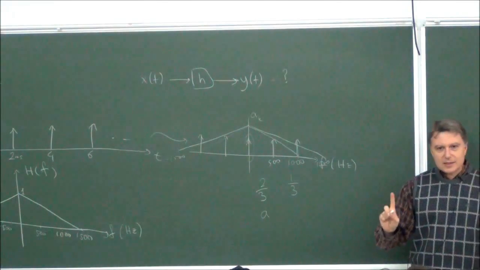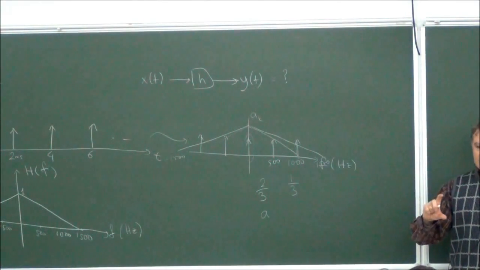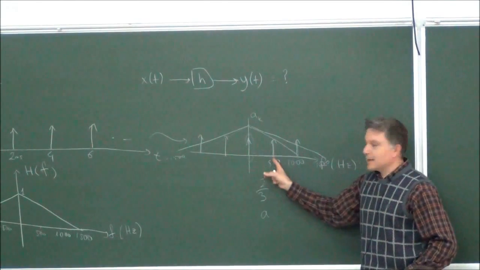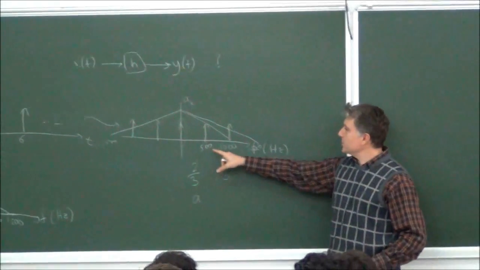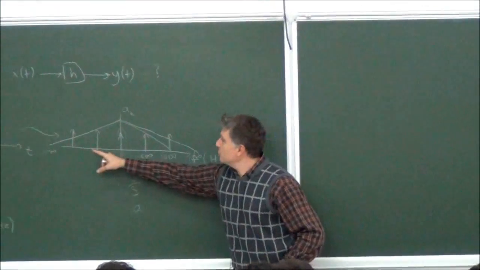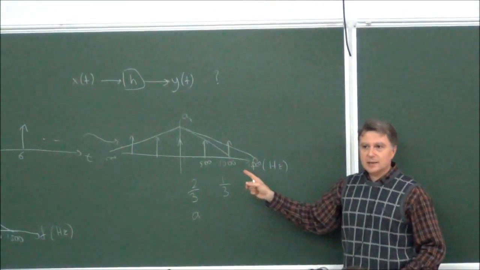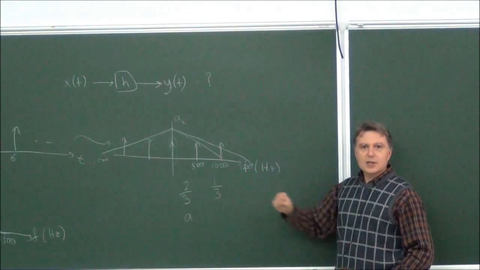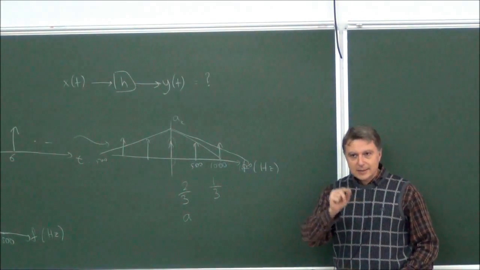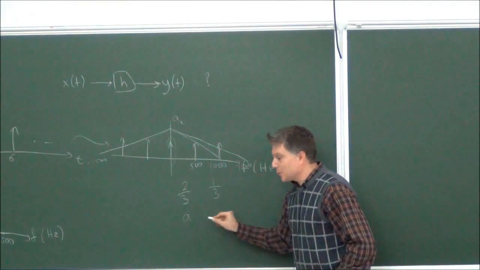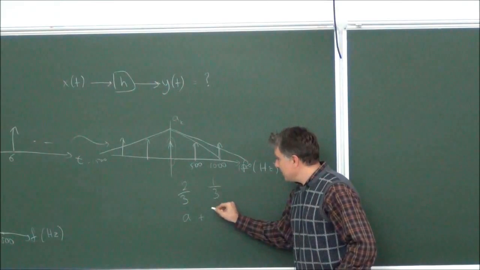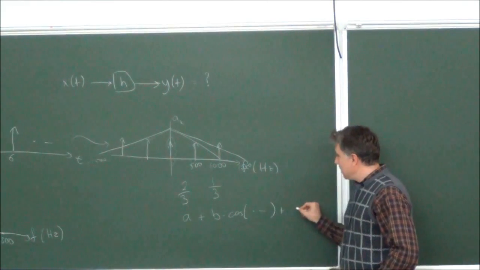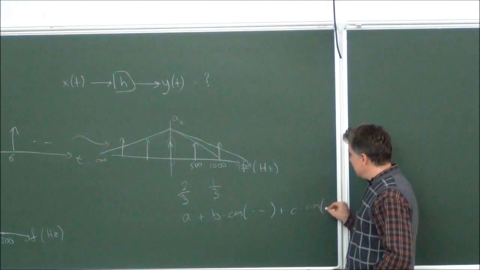And since they are symmetric, they are not amplified differently on the left hand side and the right hand side, so these two will make a cosine at a frequency of 500. These two will make another cosine with a frequency of 1 kilohertz. So there will be a DC constant, let's call it A, plus B times cosine something, plus C times cosine something else.